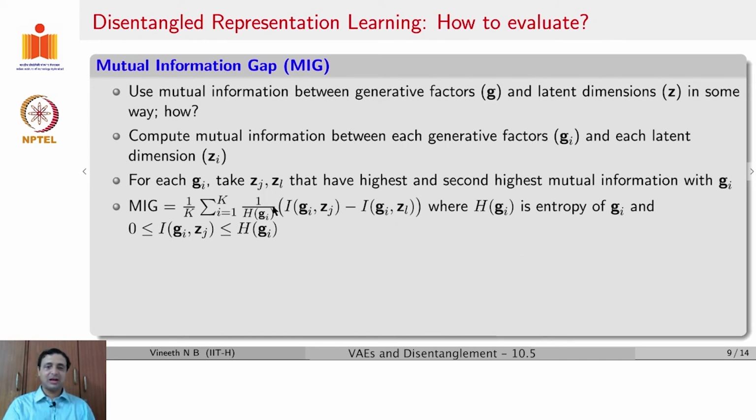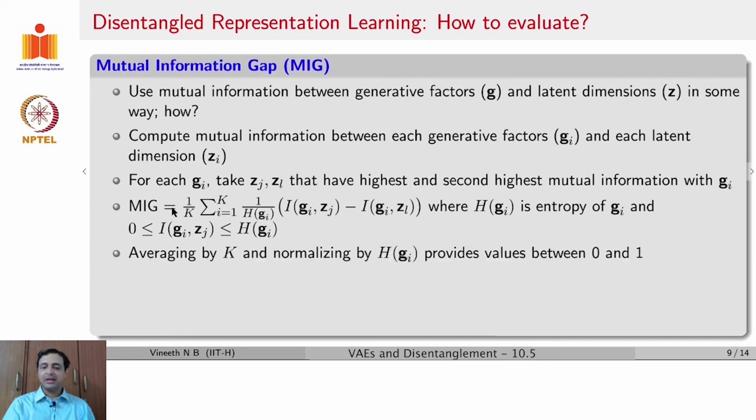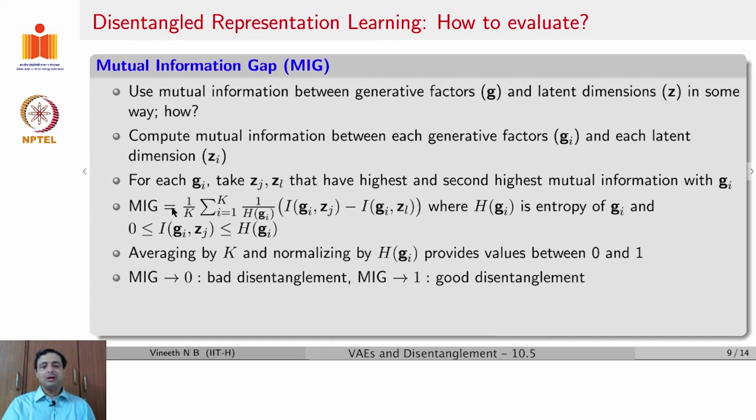What is the normalization factor? 1 by H of Gi, which is the entropy of Gi intrinsically. Remember, entropy is minus summation p log p of that generative factor. And this normalization takes care of averaging this across all of the generative factors. So averaging by K and normalizing by entropy provides us values that lie between 0 and 1.